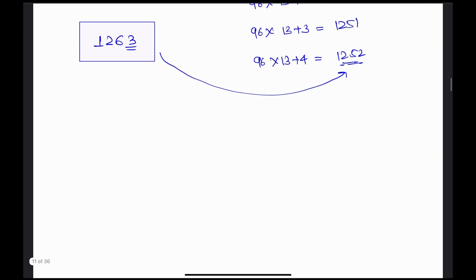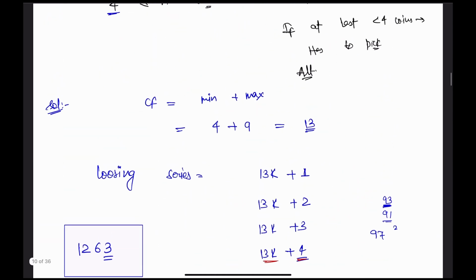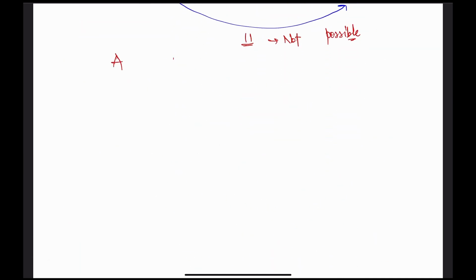So how many coins does he have to pick to bring B to here? 11 coins, which is not possible, because the maximum he can pick right now is 9. So no matter what, A will surely lose this game.